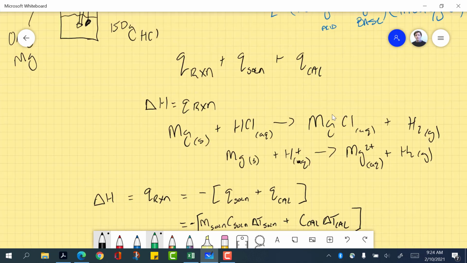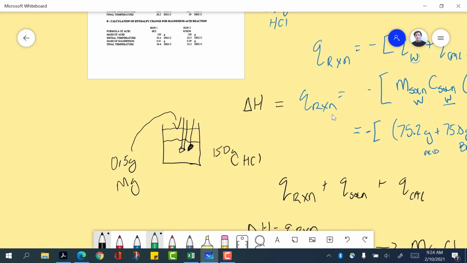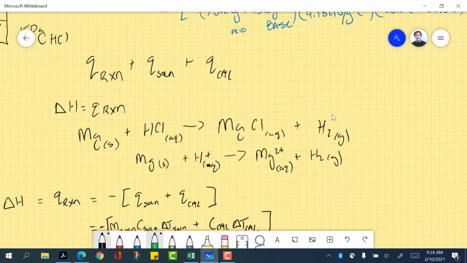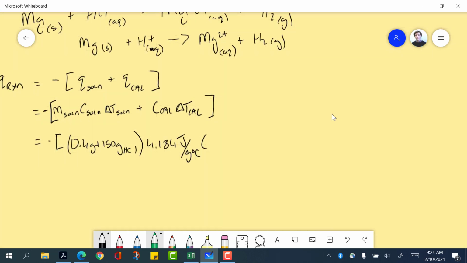Well, the change in temperature that they got, if we look back up here, the initial temperature was 22.4 and it rose to a final temperature of 34.4. So it went to 34.4 degrees Celsius from 22.4 degrees Celsius. Right.